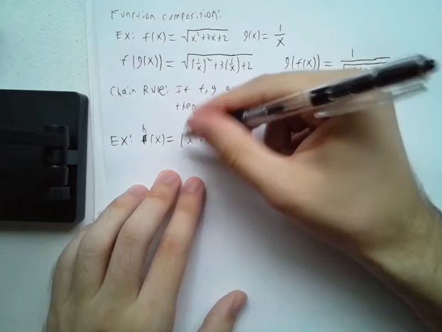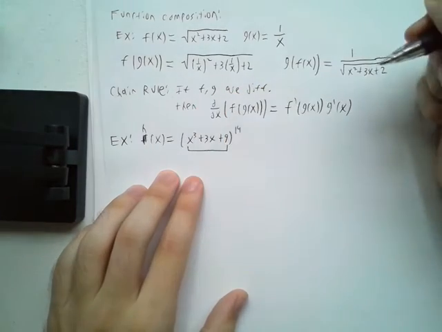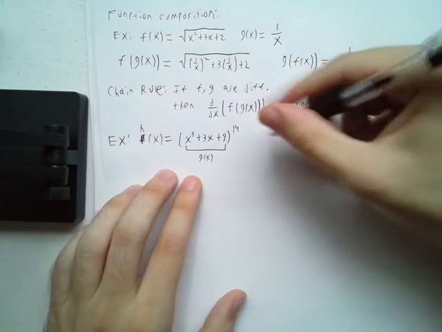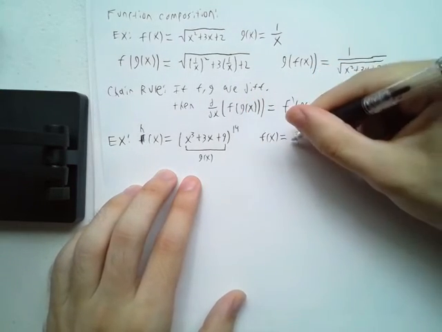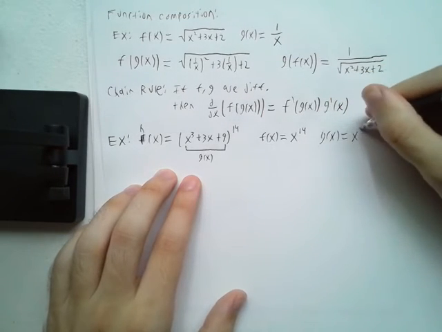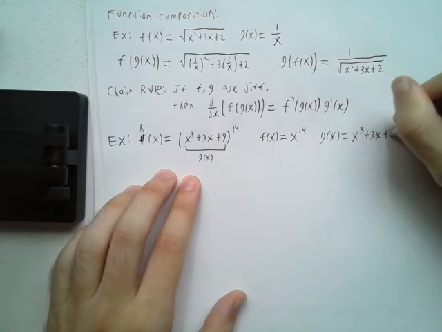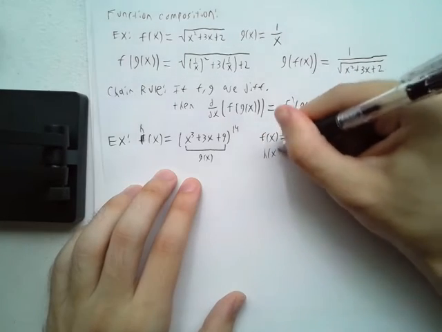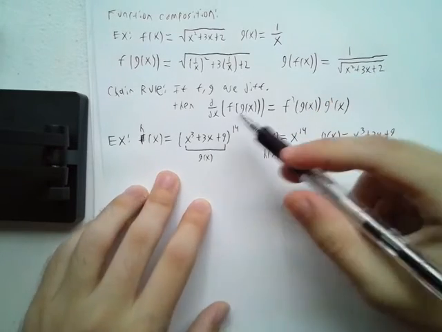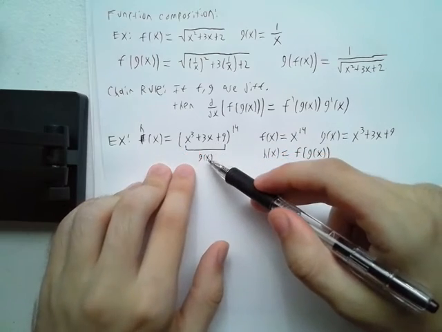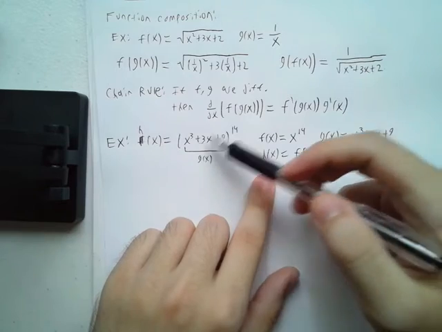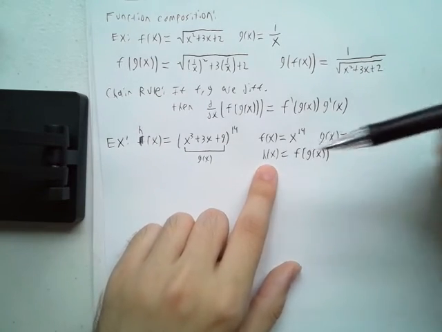So in this case, if we think of this entire thing inside here as g of x, then we see that with the choice f of x equals x to the 14th and g of x equals that polynomial, then h of x is equal to f of g of x. So basically we've identified an inside function, the g of x, and an outside function, the f of x, and rewritten the function we want to take the derivative of as a composite function.